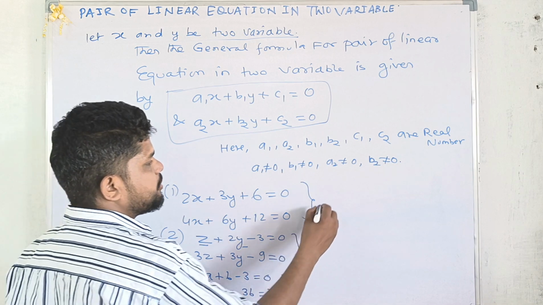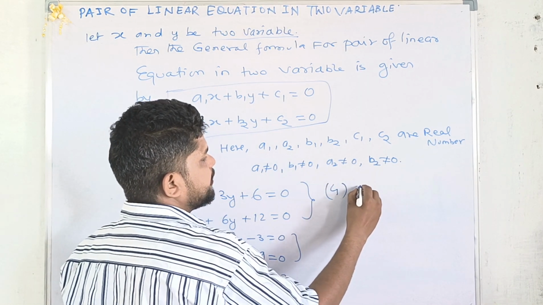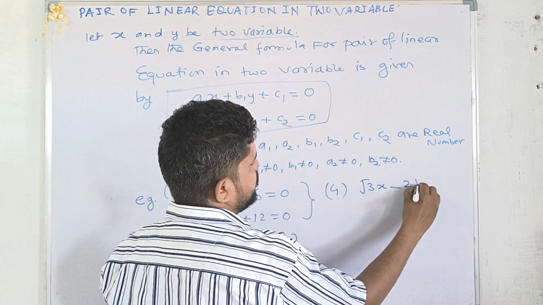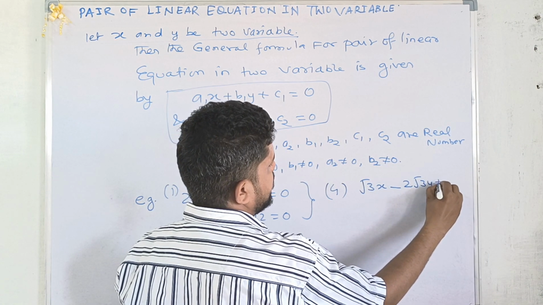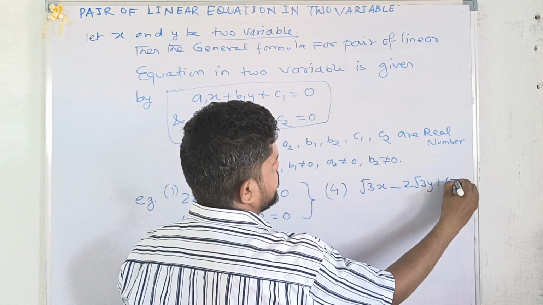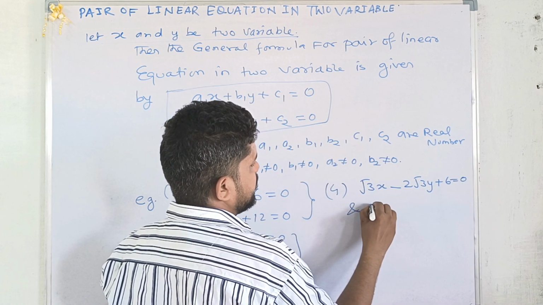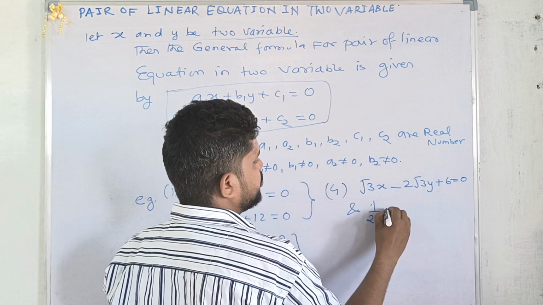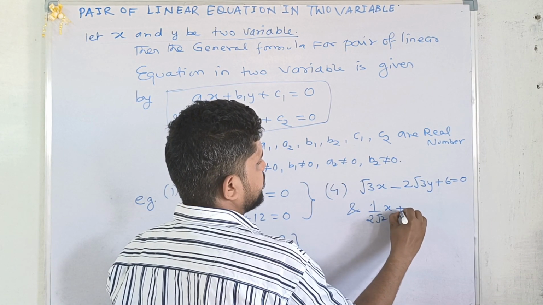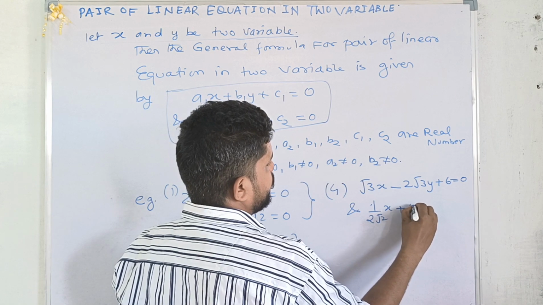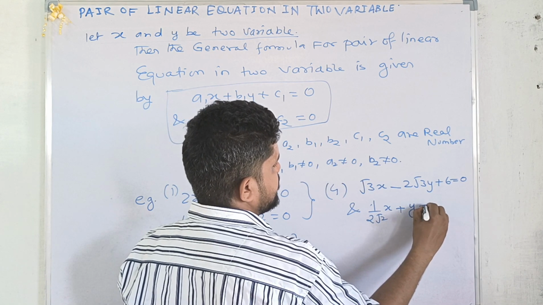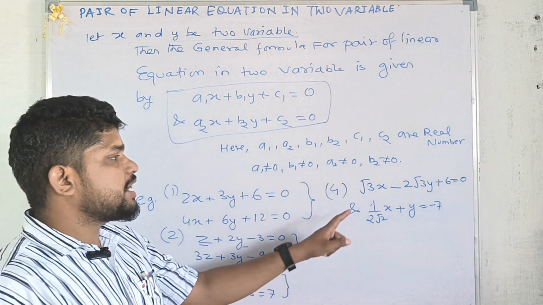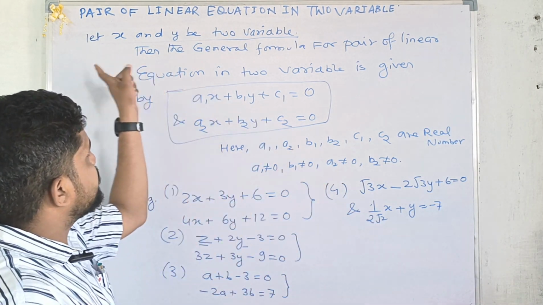One more example I just want to add here, like can I say that root 3 x + 2 root 3 y + 6 = 0, and 1 upon 2 root 2 x + y = -7. Okay, dear students, this is an example of a linear equation in two variables.